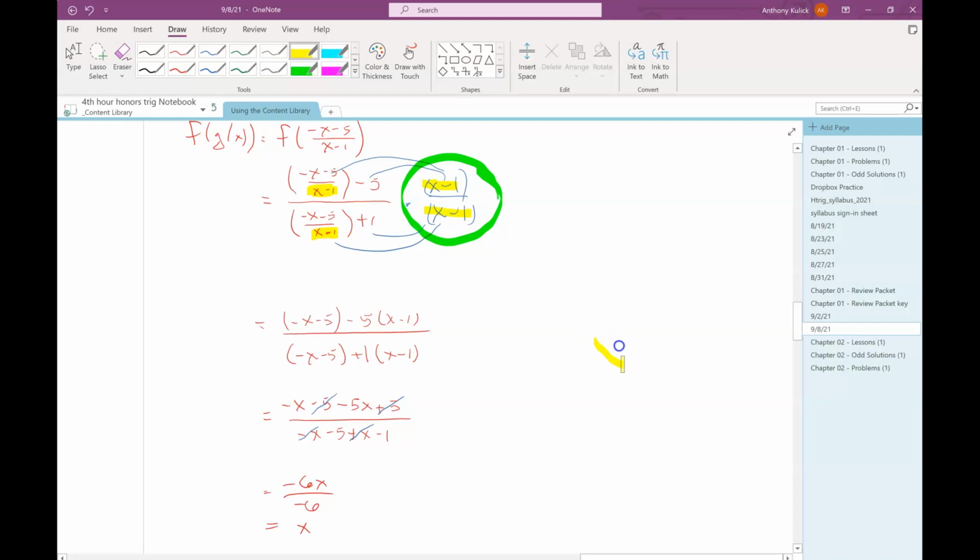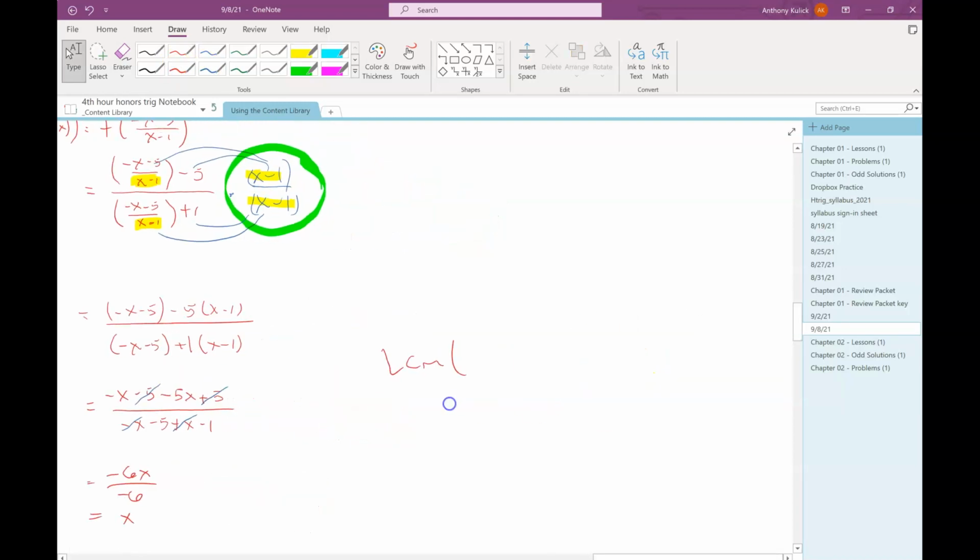So if you want the least common multiple of these two things, well, I see two distinct primes, x plus 1 and x plus 2.